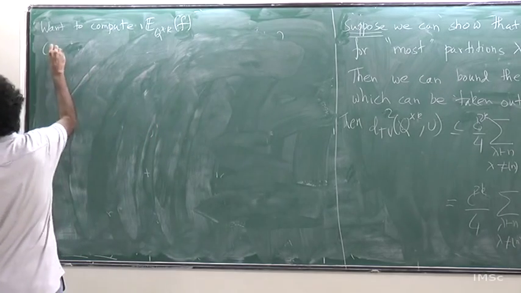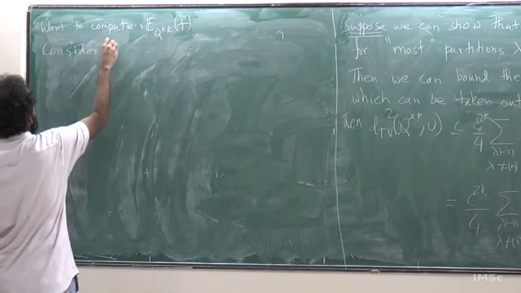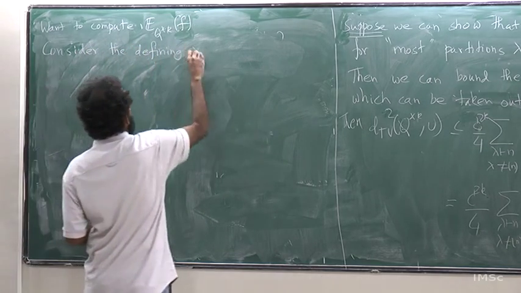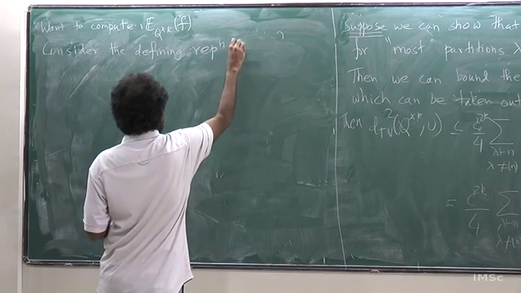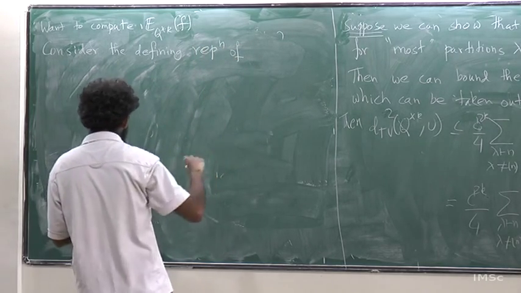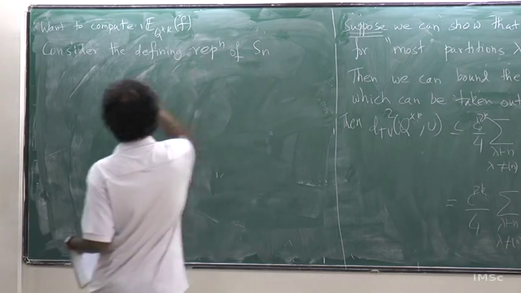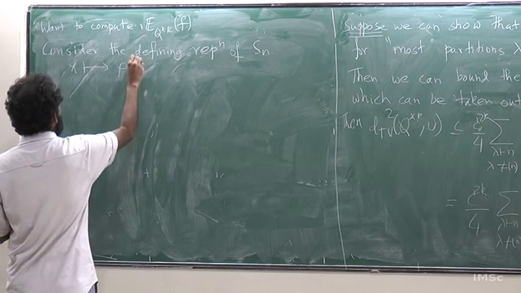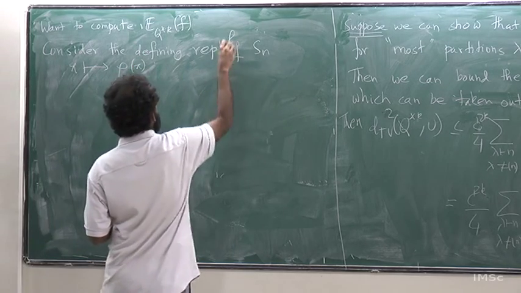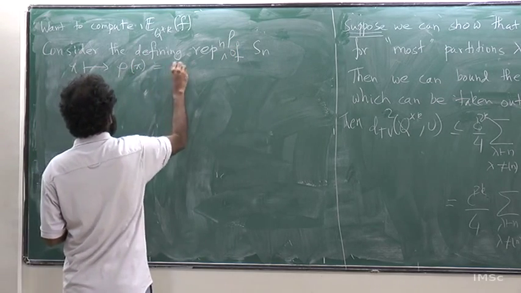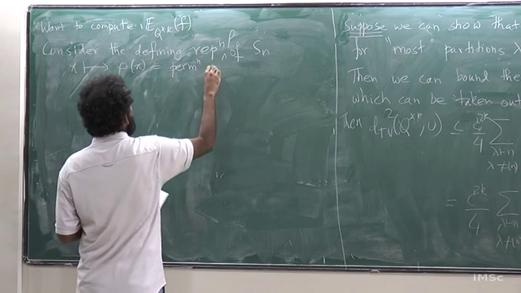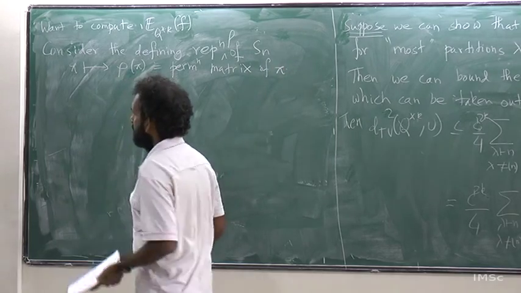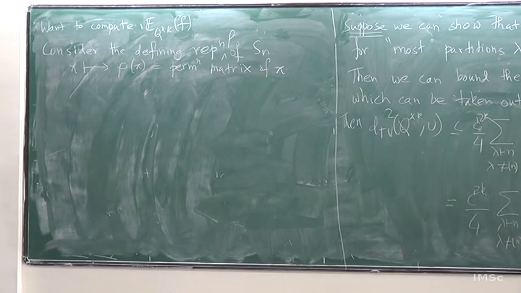So consider the defining representation of Sn. So pi goes to rho of pi, which is the permutation matrix of pi. Remember, what I want is the number of fixed points of pi.